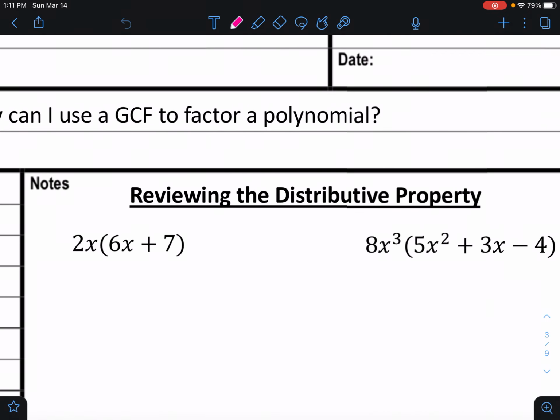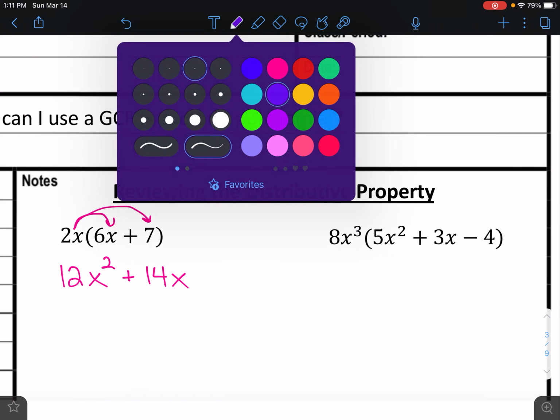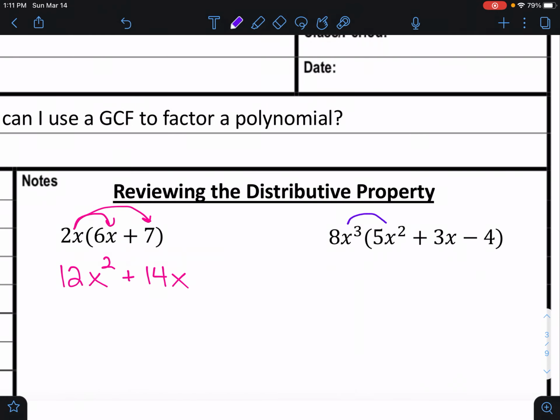So remember, distributive property says I can take this 2x and distribute it to both of these terms. I would get 12x squared plus 14x. Okay, so that's distributive property. By the same token, over on this one, again, I would distribute.